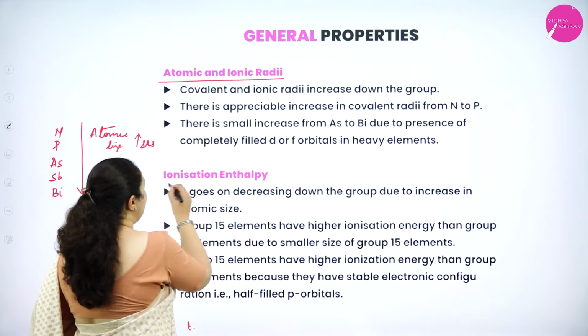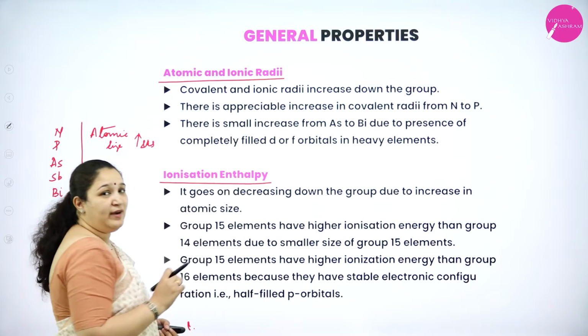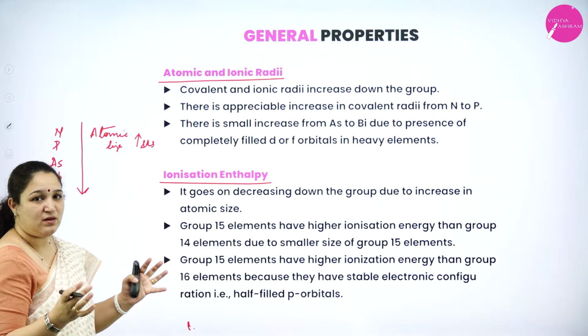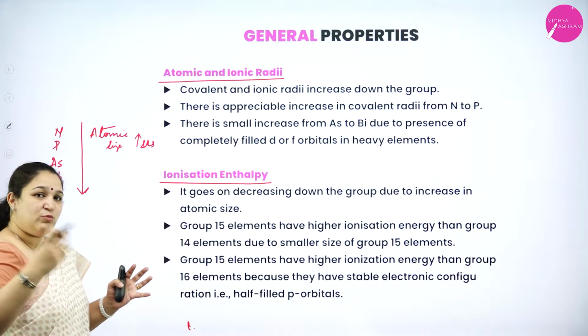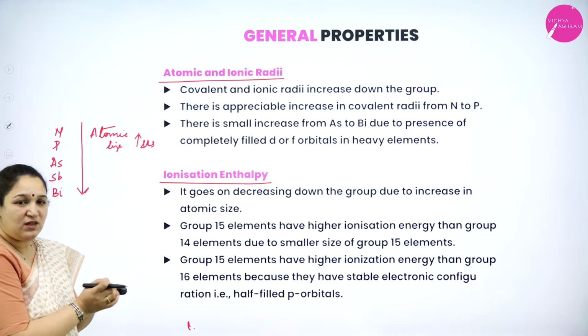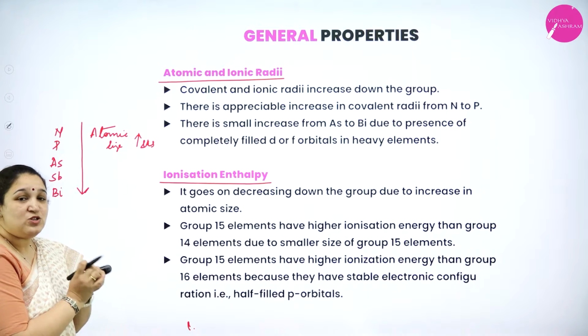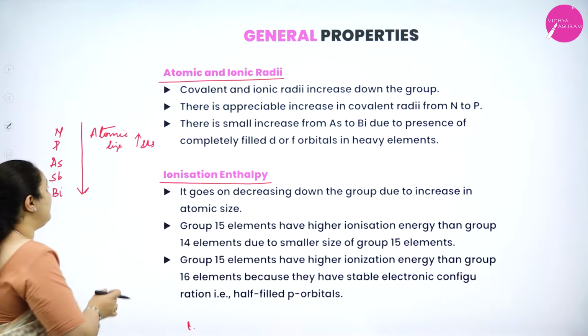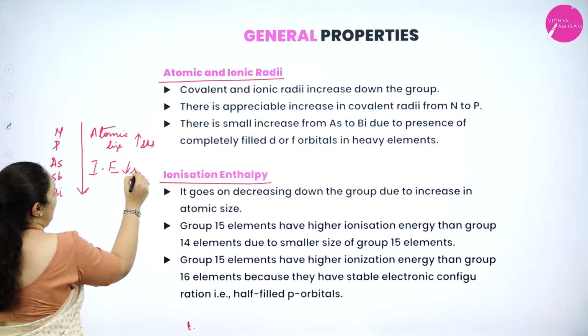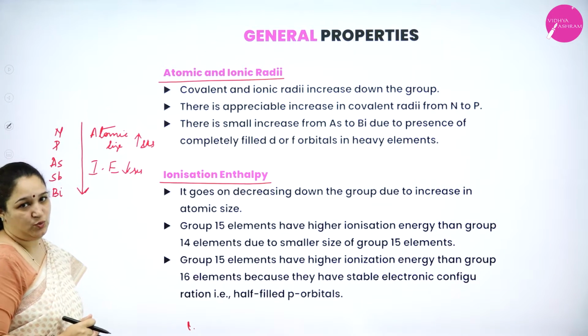Next is ionization enthalpy. Now what happens if the size increases? The atom is becoming bigger, so it is easy to remove the electrons, isn't it? Because it is weakly attracted towards the nucleus. So ionization enthalpy decreases as we come down the group.